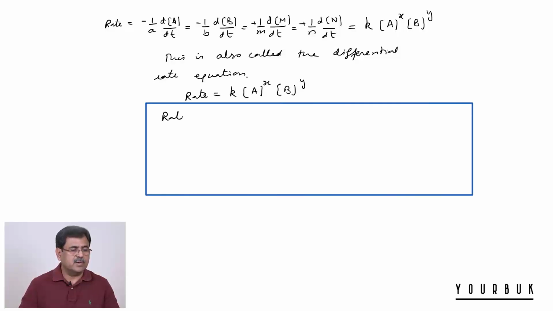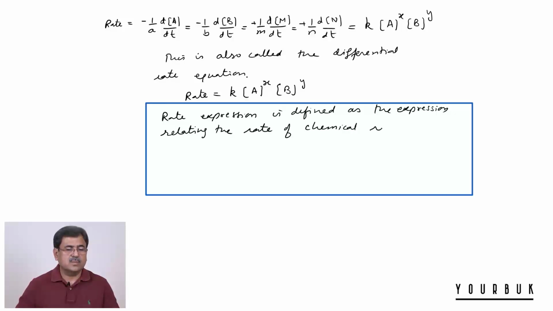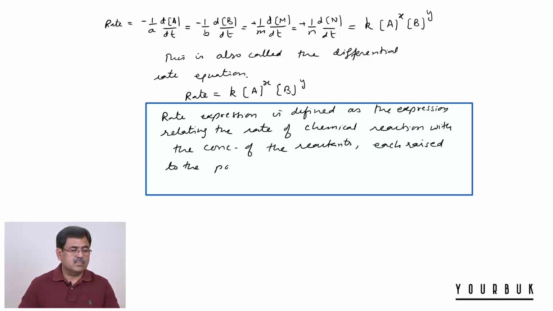And the rate expression can be defined as the expression relating the rate of chemical reaction with the concentration of the reactants, each raised to the power of some experimentally determined numbers.